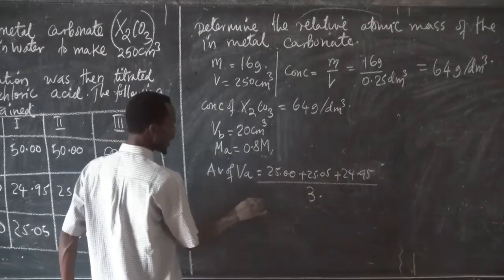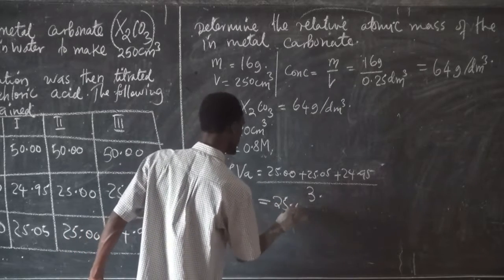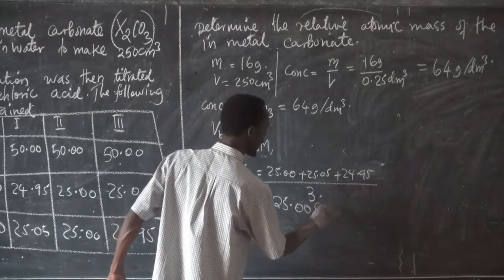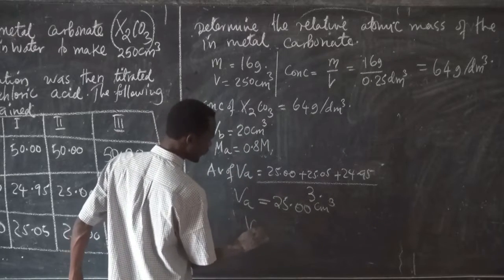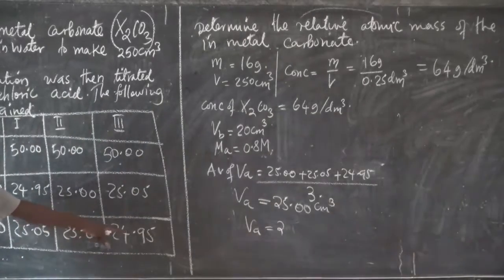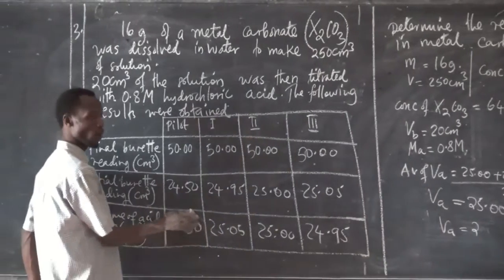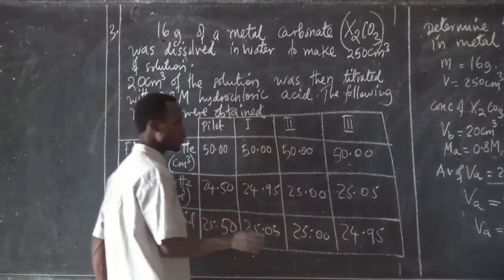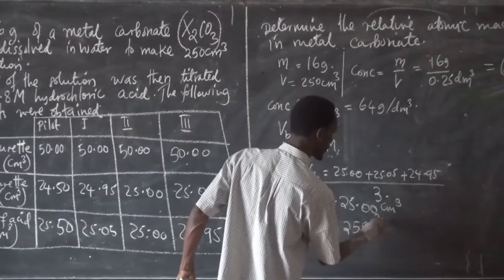After calculating, the average volume is 25.00 centimeter cubic. This is the volume of acid, obtained by taking the average of the volumes of acid used, except the dry one. So the volume of acid is equal to 25 centimeter cubic.